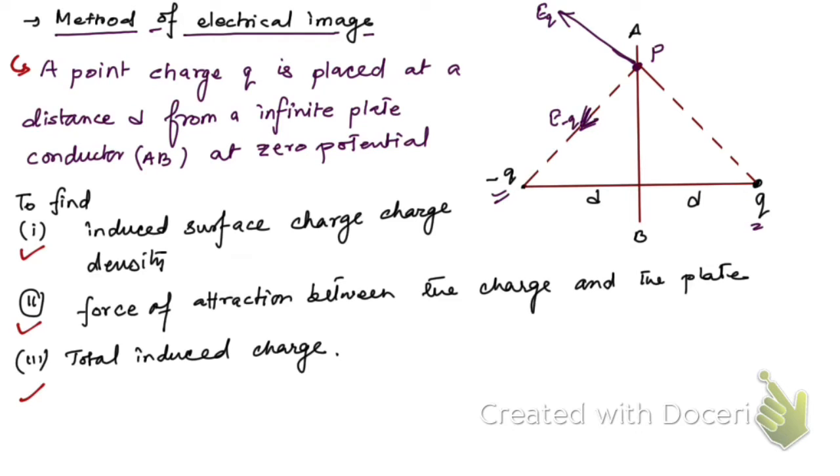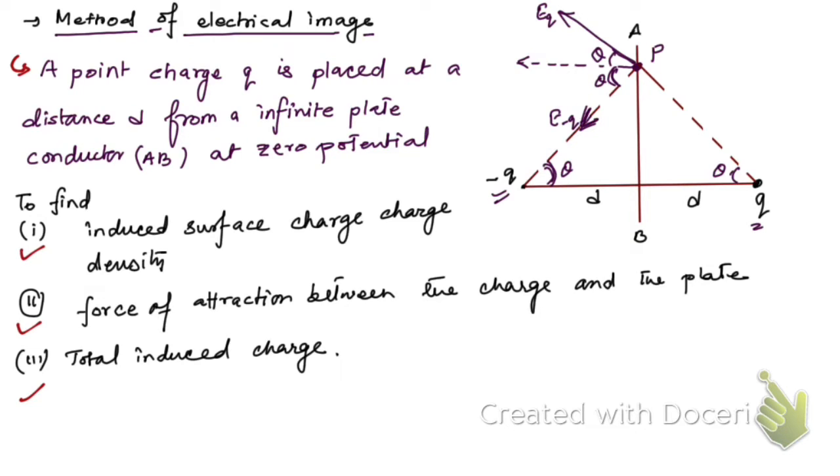Then the resultant must be in this direction, and if this angle is theta, then this angle must also be theta, and that one must also be theta, as this is an isosceles triangle, because these two sides are equal and this is perpendicular. So this angle is equal to this one, corresponding angles, and this angle is equal to this one, alternate interior angles. So both angles are going to be equal to theta.